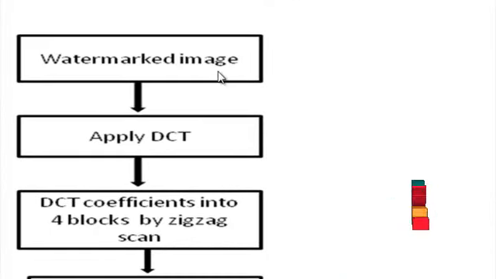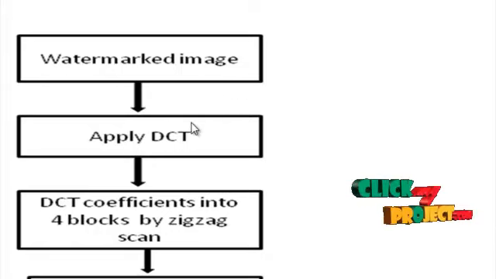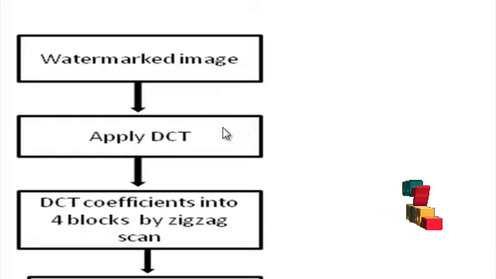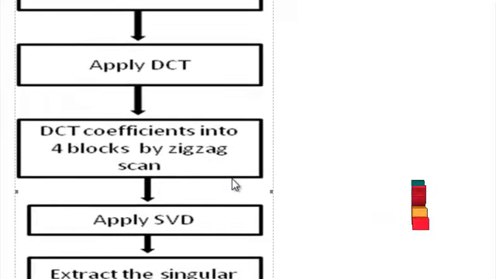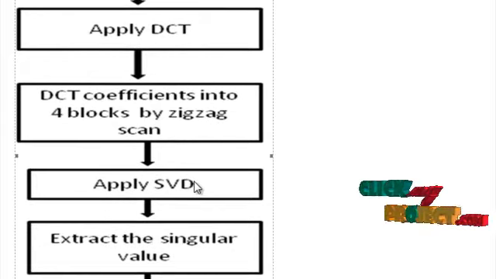Next, we will go for our extraction process. In the first step of the extraction process, we apply DCT to the watermarked image. Second, we scan the DCT coefficients into 4 areas in a zigzag manner, and we perform the SVD operation for each area obtained from the zigzag manner.